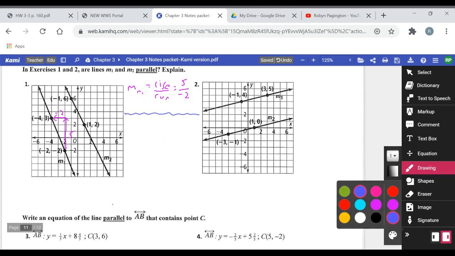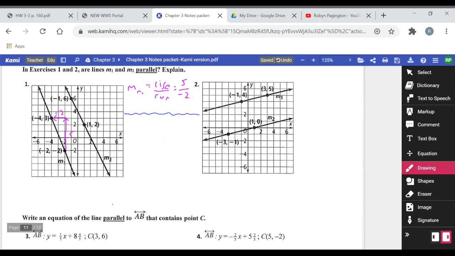All right, now if we move on to the next one, and I want to find the slope of line M2, then I'm going to go y2 minus y1 over x2 minus x1. And sometimes it is helpful for people to write down what the ordered pairs actually are. So one ordered pair is -1, 6. And the other ordered pair is 1, 2.